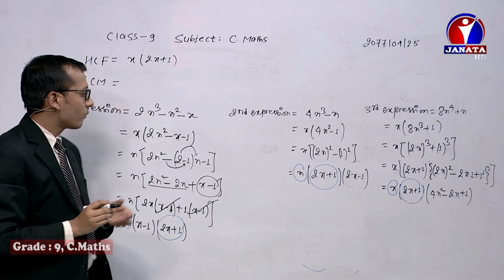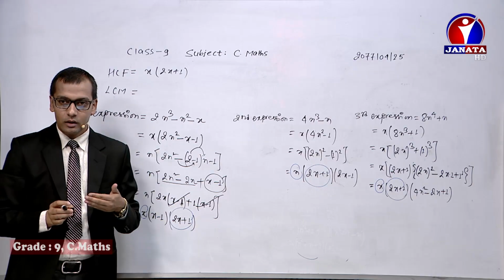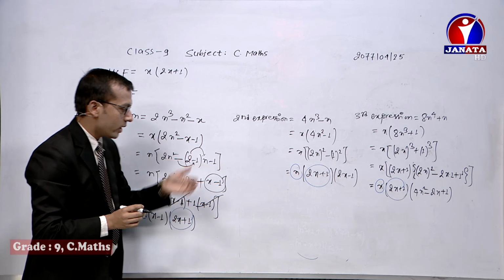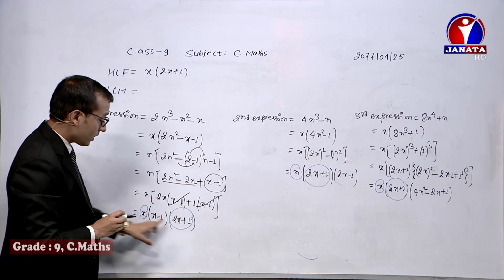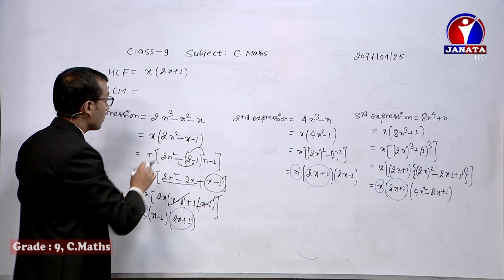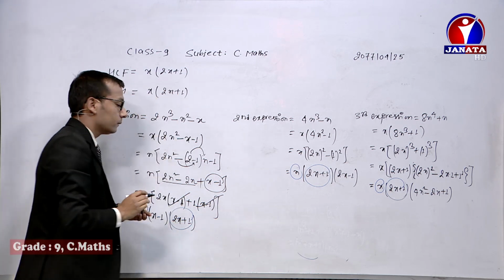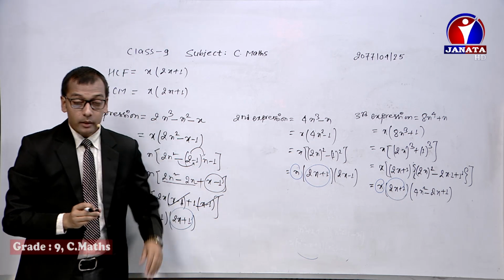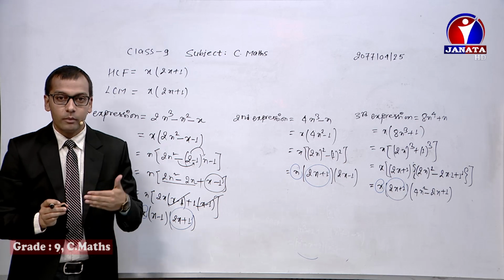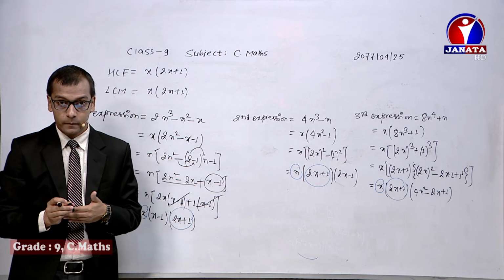LCM is the product of common factors and the rest of the factors from the expressions. Let me write first of all the common factors. x times 2x plus 1 is common. For LCM, if there are any factors present in any of the expressions, we can take them.